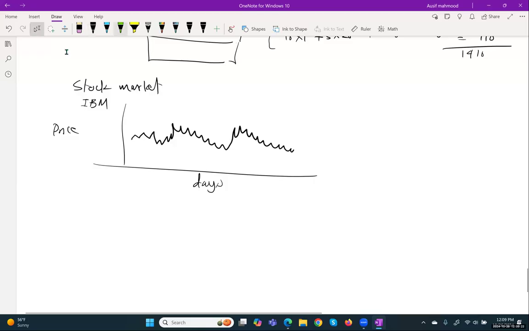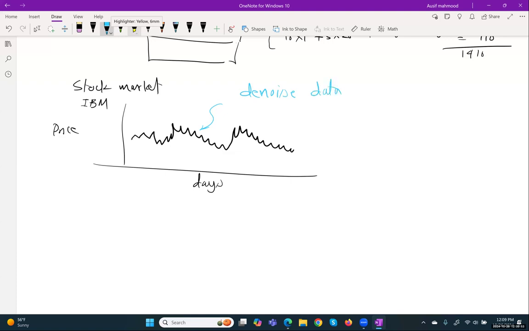People who play the financial markets are interested in how it is trending, because day to day you cannot make a decision. One day it's up, another day it's down. They want to see, is it a good time to buy the stock? You want to buy at a lower price and sell at a higher price to make a profit. So what we try to do is denoise the data.